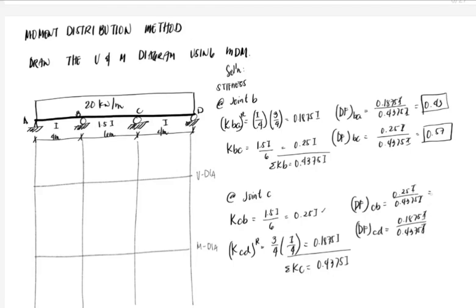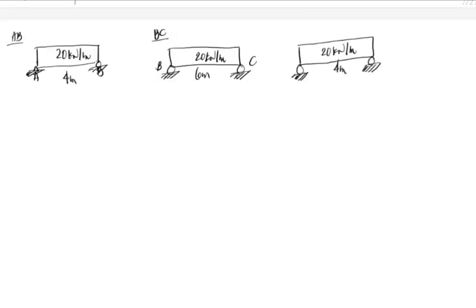Okay, alisin natin yan. So, that is equivalent to, this is 0.57 and this is 0.43. Malalaman nyo kung tama yan kapag ang DF nyo rito would be equal to 1 and also this is equivalent to 1. Okay, so okay naman po lahat yan. So, walang problema. Next natin is our fixed end moment.